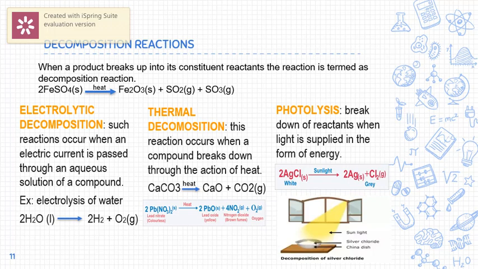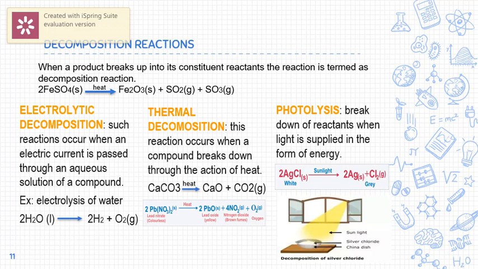Already one example you have seen. One more example is calcium carbonate on heating decomposes into calcium oxide and carbon dioxide. Whereas third example is lead nitrate on decomposition gives lead oxide, nitrogen dioxide and oxygen.